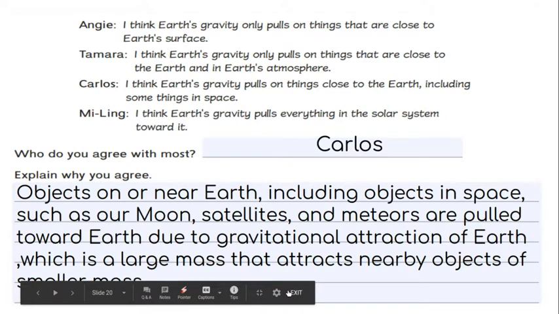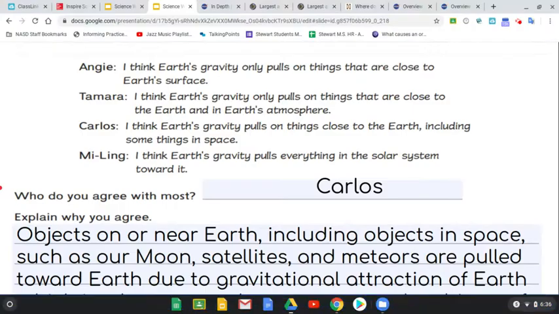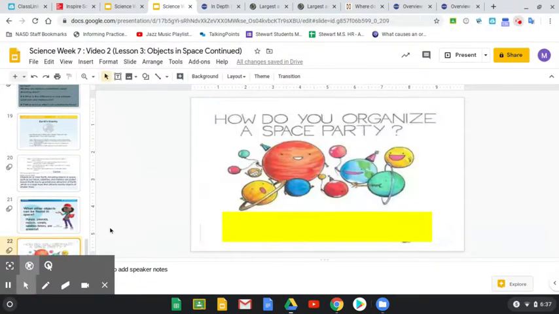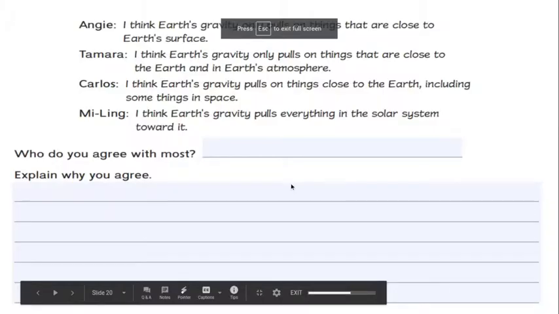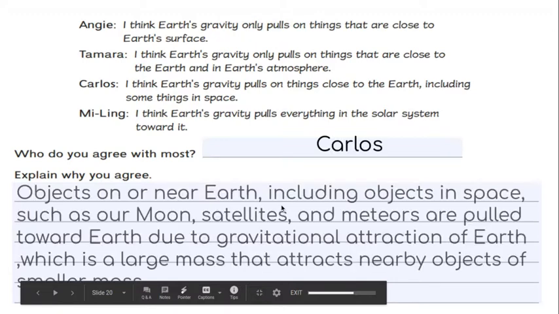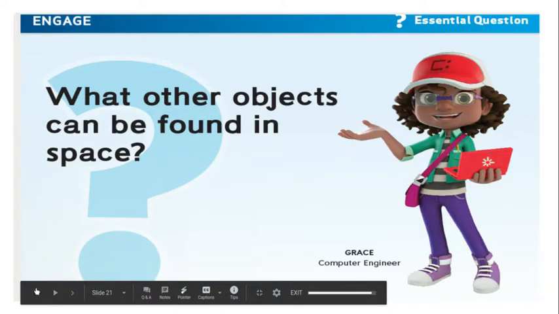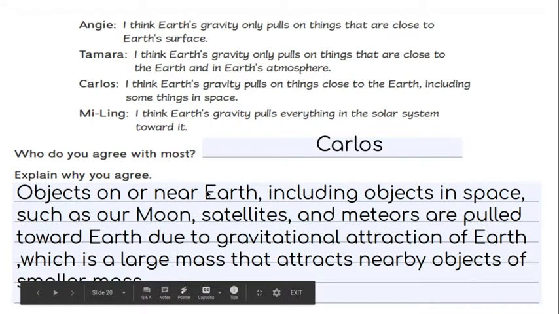Basically, boys and girls, objects are orbiting around the sun, right?